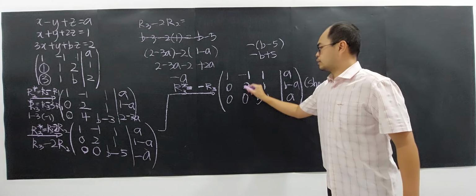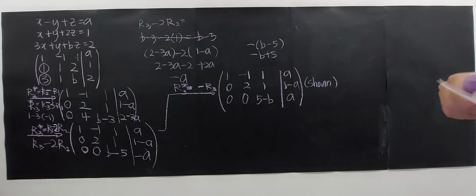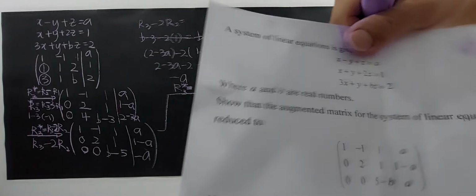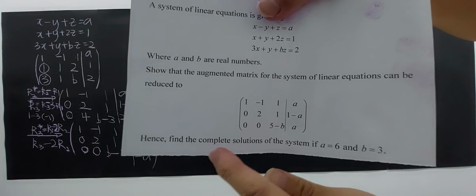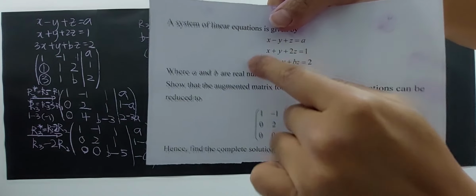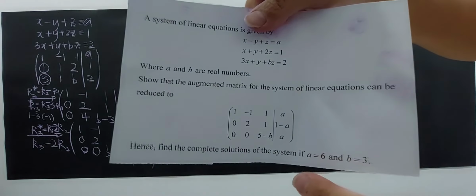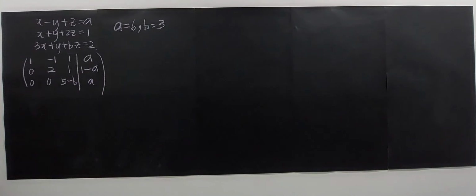Because you see that it has not become an identity yet, right? Now the question is asking us to find the complete solution of the system if given both of these values. Alright, let's see how to do this.